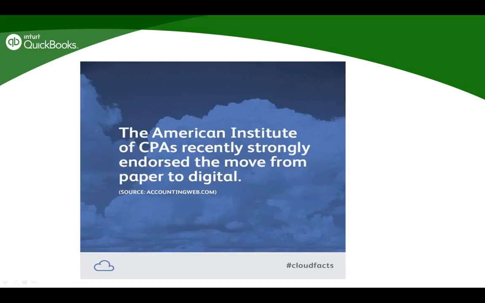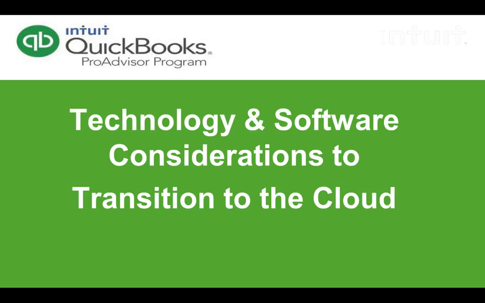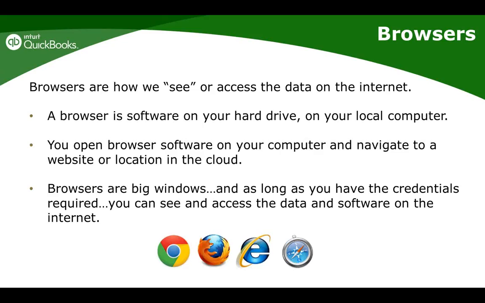All right, our next topic, we're going to look at technology and software considerations to transition to the cloud. Let's start by talking about browsers. Browsers are how we see or access the information that's on the internet.